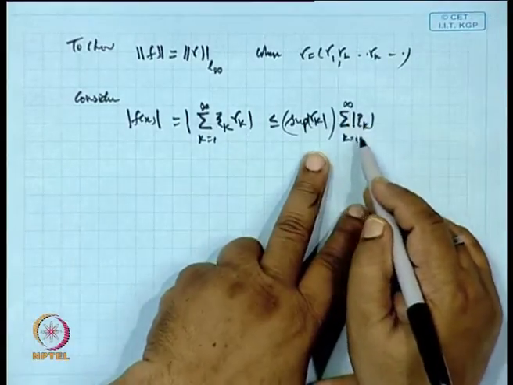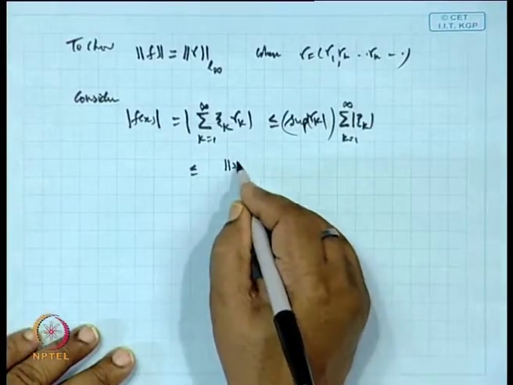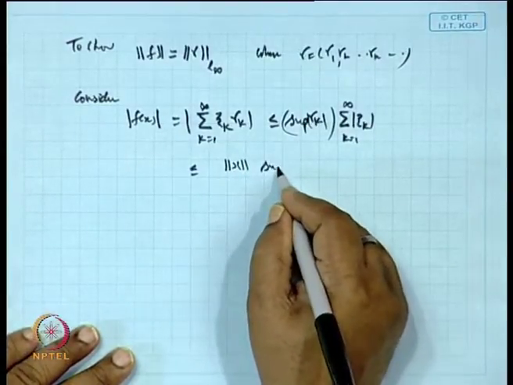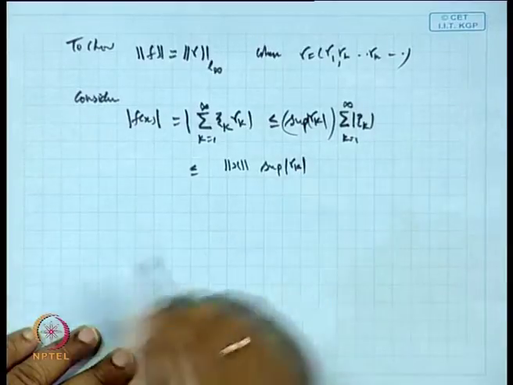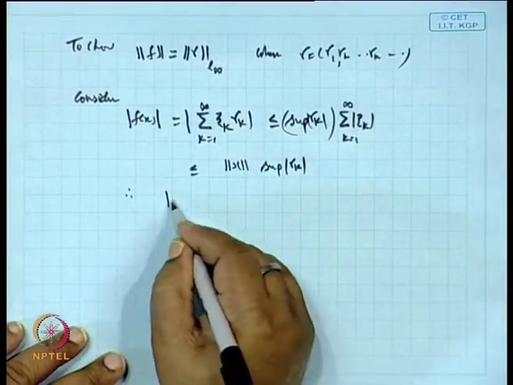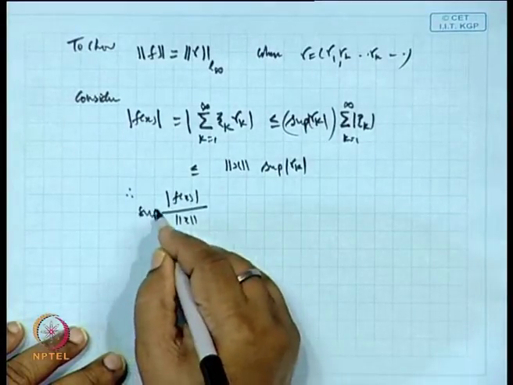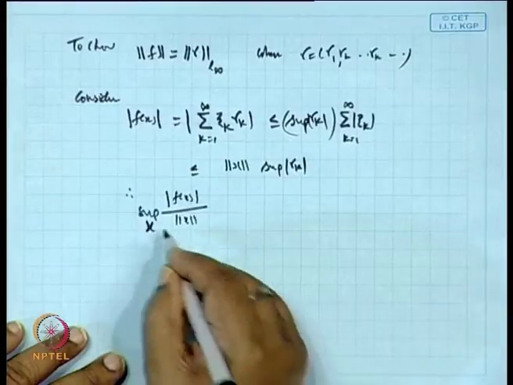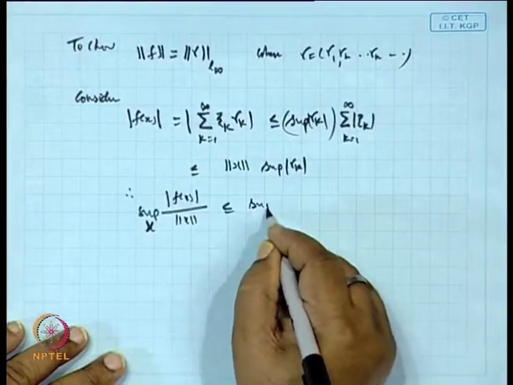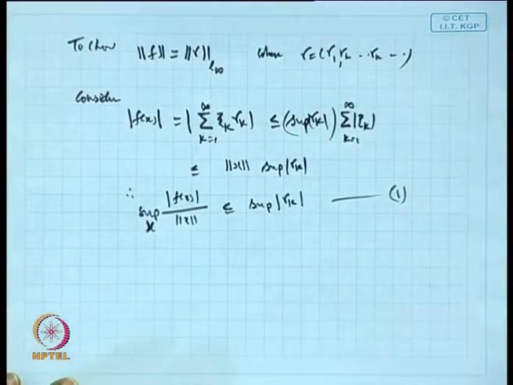But this is the norm. So, this is less than or equal to norm of x into supremum of mod gamma k. Divide by norm x, therefore, supremum over x of mod f x over norm x is less than or equal to supremum of mod gamma k. Clear?